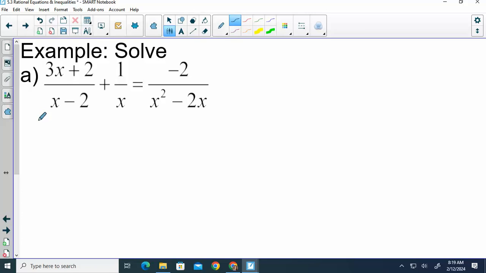Do you notice anything different about our denominator? More specifically, the x squared minus 2x. Yeah, let's go ahead. You don't want to multiply by more than you have to. Because if you multiply by extra stuff, it can take your problem and make it significantly harder to solve. So always make sure your denominators are factored.